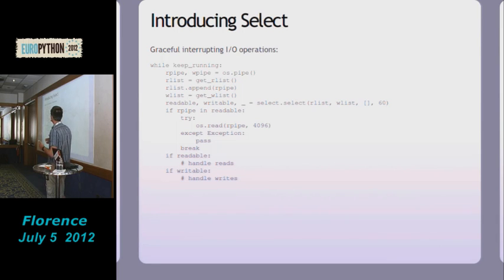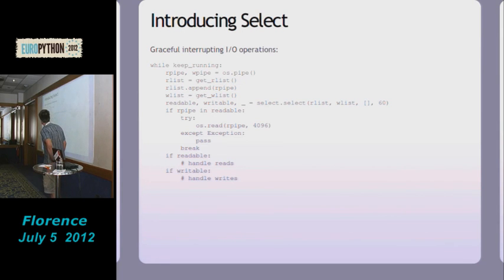So sometimes a way of easily waking up the I/O loop that you're writing with select is by creating this using os.pipe, which creates two ends of a pipe, and you can read and write from one end or the other, and you can use that to wake up your I/O loop. Just make sure you empty the pipe whenever you wake it up. If your loop needs to break for waking up or something, you can do that.